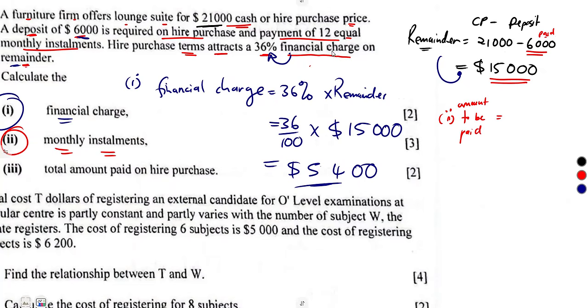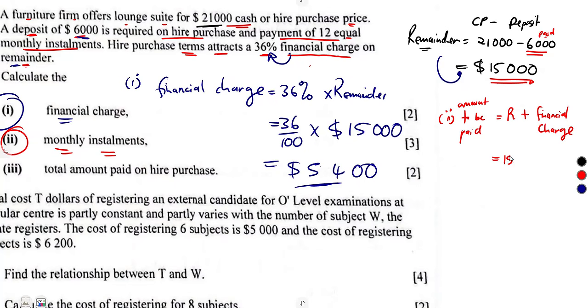For that time that is remaining, those 12 equal monthly installments, the remainder of 15,000 was to be paid, and the financial charge. Those are the two things that you are supposed to consider. That is what is remaining: the remainder and the financial charge.